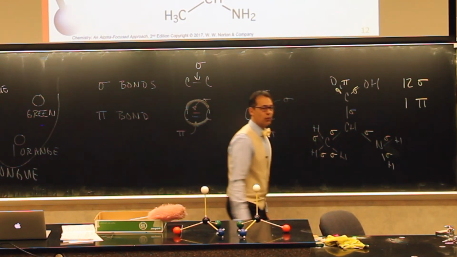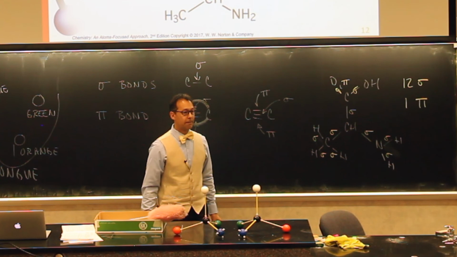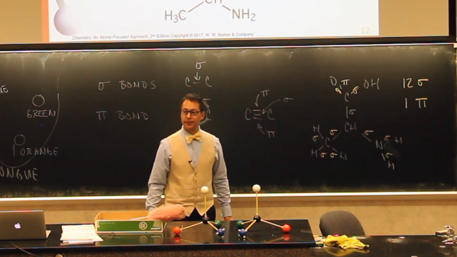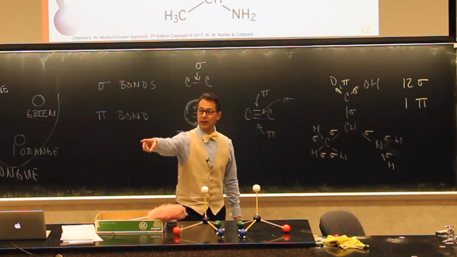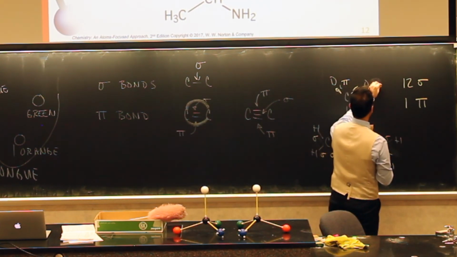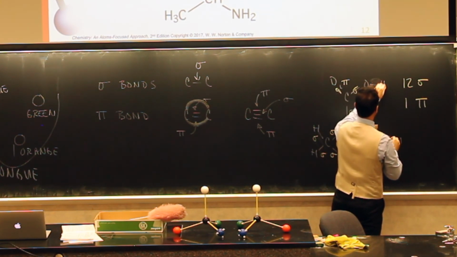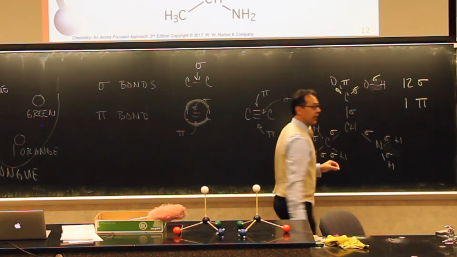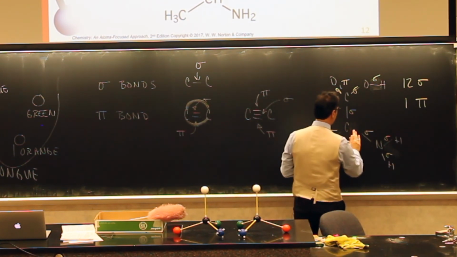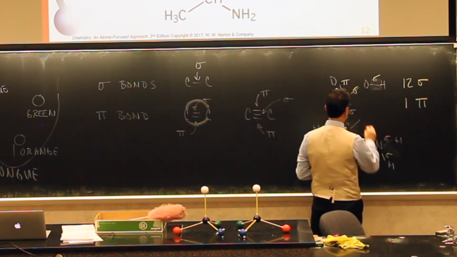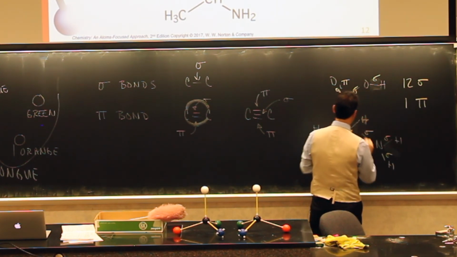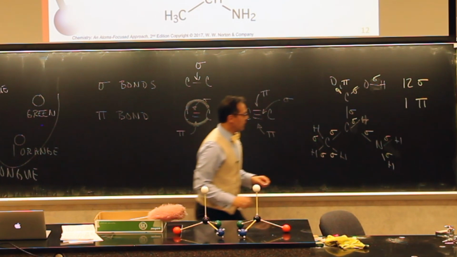I think we're missing 2 more. One on the OH here. Yep. Like that. And then on the CH. Excellent. So the CH would be like this. Hydrogen. Okay. So there's our 12 sigma bonds.